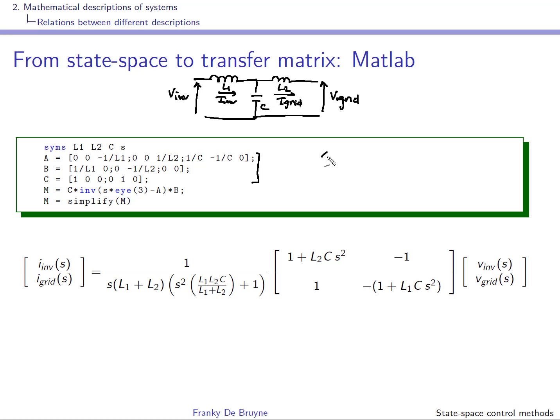So the state vector in this case is E-inf, E-grid, and VC. So apparently here we are only interested in E-inf and E-grid. Okay, so this is why we have a matrix with two rows over here.